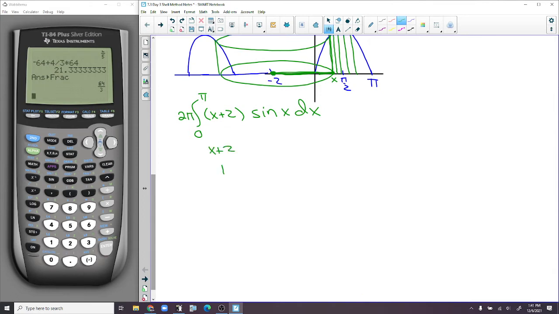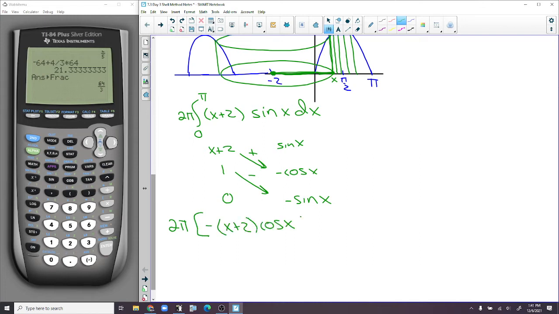So we have x plus 2, 1, and 0. There's the derivative. The integral is sine of x, negative cosine of x, negative sine of x. And then plus and minus. We have 2 pi. The integral is negative x plus 2 cosine of x plus sine of x from 0 to pi. I've got to plug pi in.